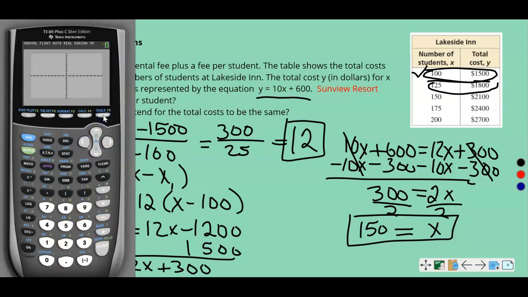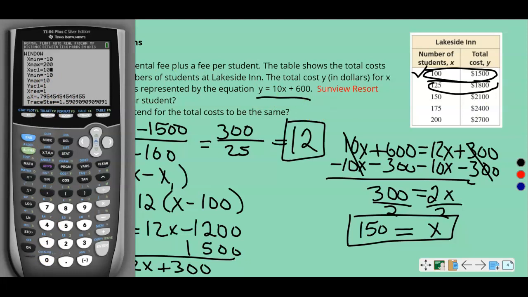I like to visually see things. It kind of helps. All right, so if we're not seeing anything on here, it's because my window is not big enough to see what's going on. We know that we have 150 students, and that's in our x value. So let's change our x maximum to, let's say 200. And let's change our scale as well, because if we don't, it's going to look really crazy.